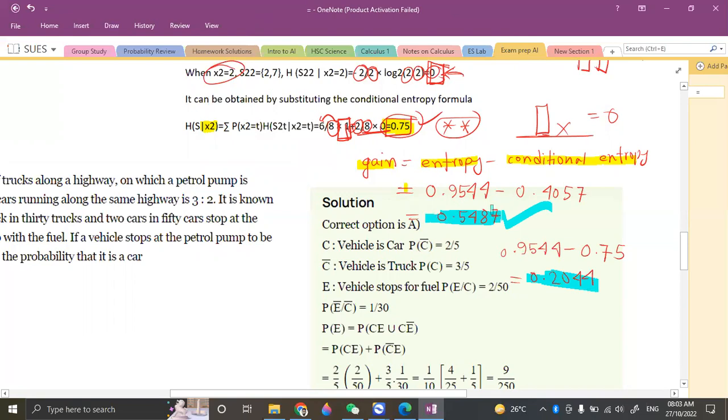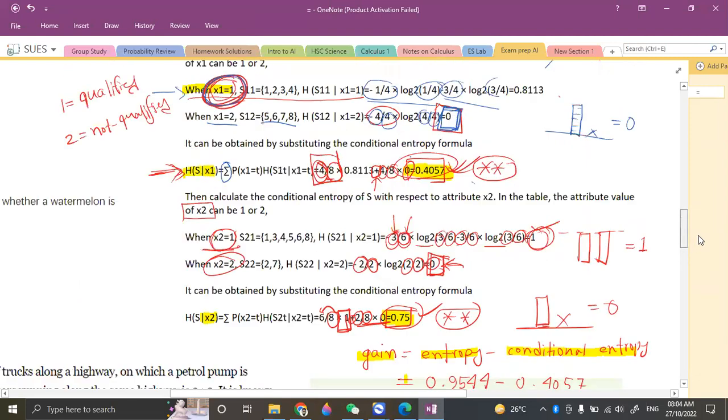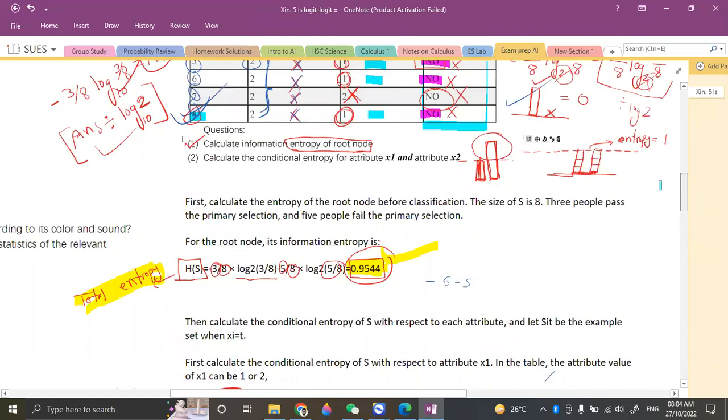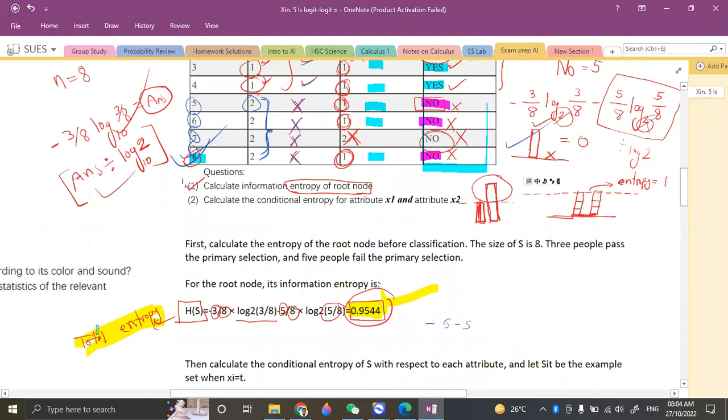So this will be our root node, okay? It will be our root node. So the entropy of the root node, it is maybe this result, right? Maybe, I'm not sure, but I think this one. But I thought that the entropy of the root node is the total entropy, but I'm not sure.